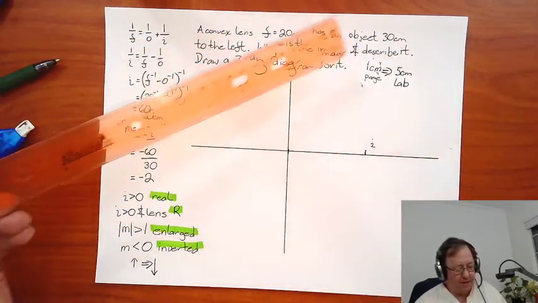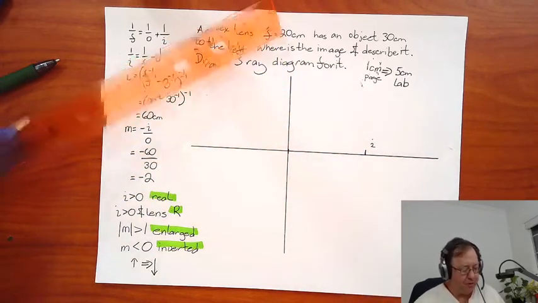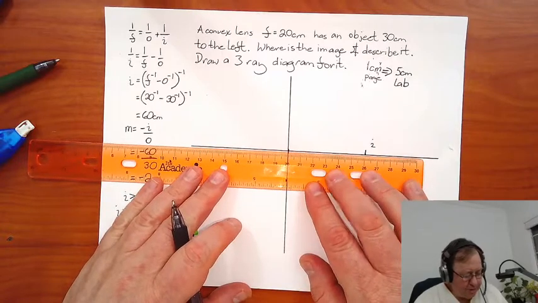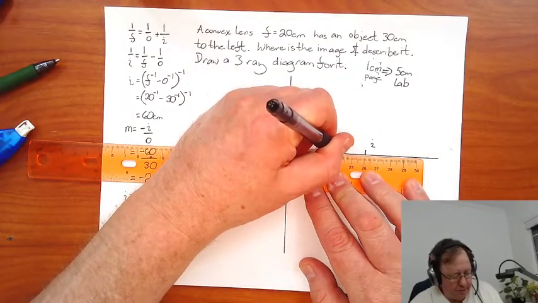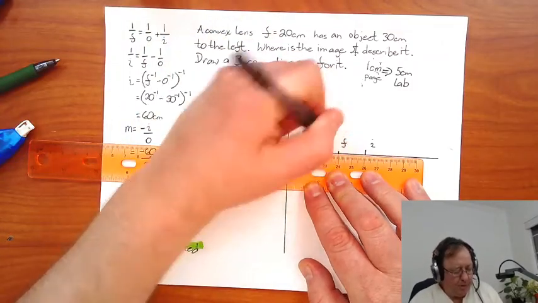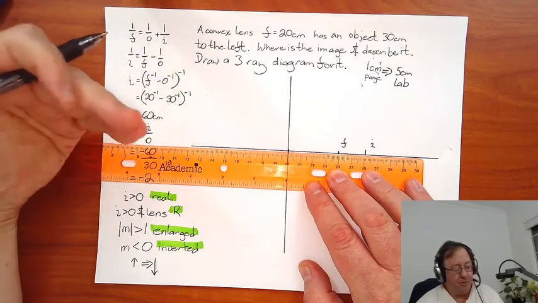So over here, that's 6 centimeters to the right is the image. That means the focal length is actually 4 centimeters to the right. We're dealing with a convex lens, which means that the focal point is to the right.